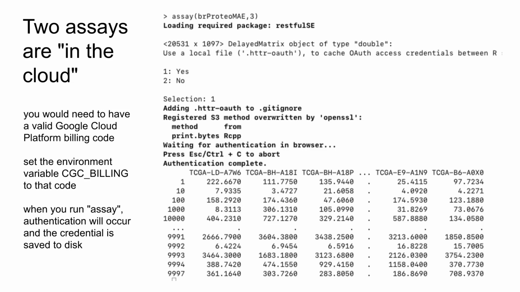But in order for that query to resolve, you have to tell BigQuery that you're going to pay for this query to be resolved, and who you are, and how you're paying for it. That all occurs through this authentication process, which is actually pretty simple. As I say, really all it needs is a valid billing code. These activities cost fractions of a penny, very, very small fractions.